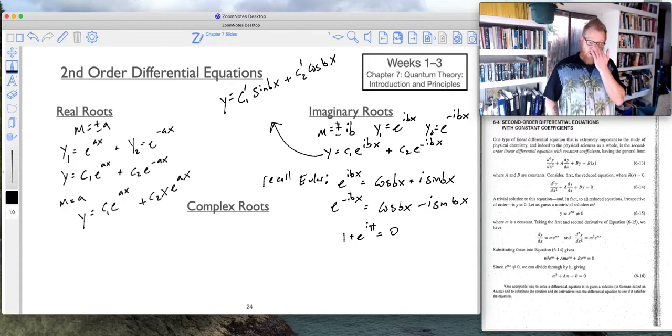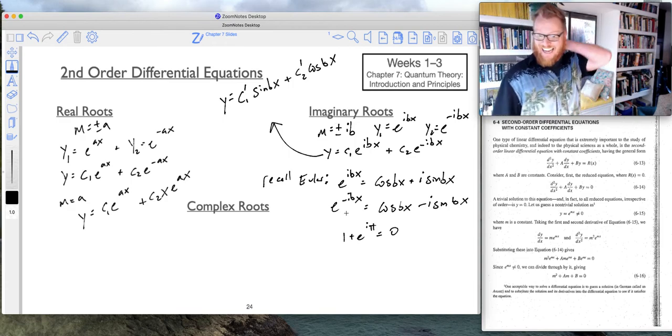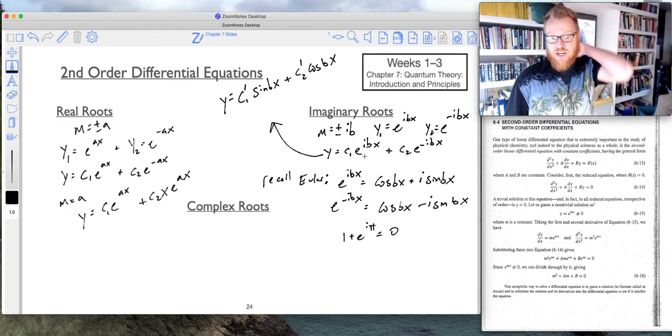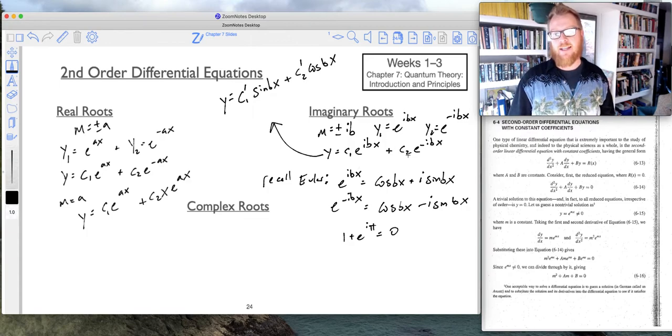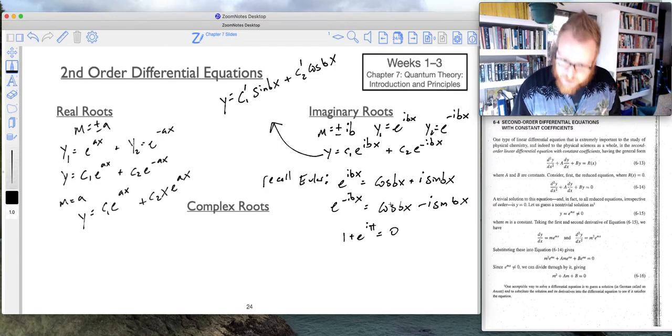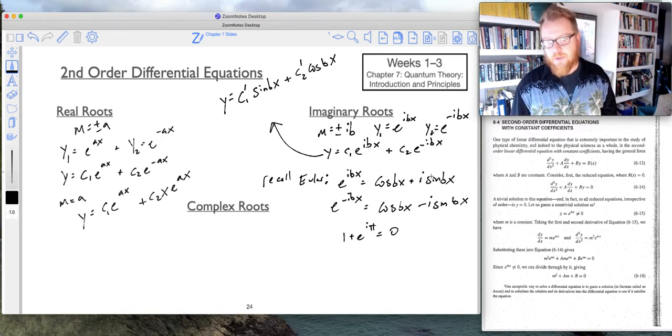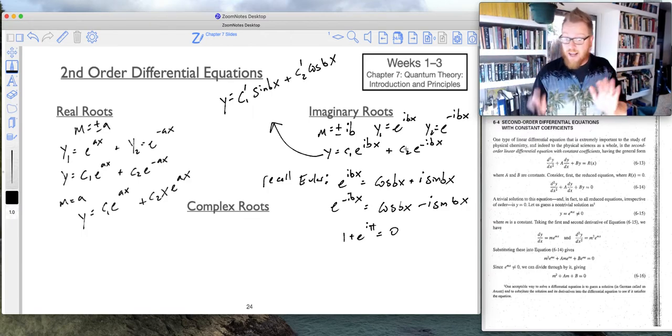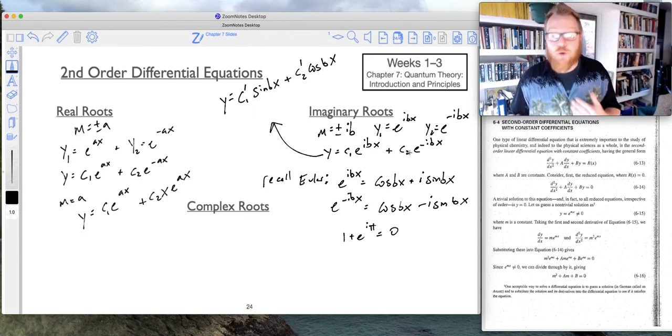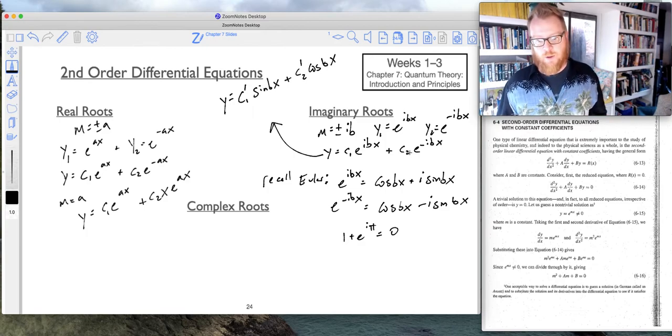As you imagine, because my general solution says e to the ibx plus e to the minus ibx, we actually have cosine bx plus i sine bx plus cosine bx minus i sine bx. The reason why these i sine bx's don't cancel is because they're not one-to-one; the constant is not the same for either of those.